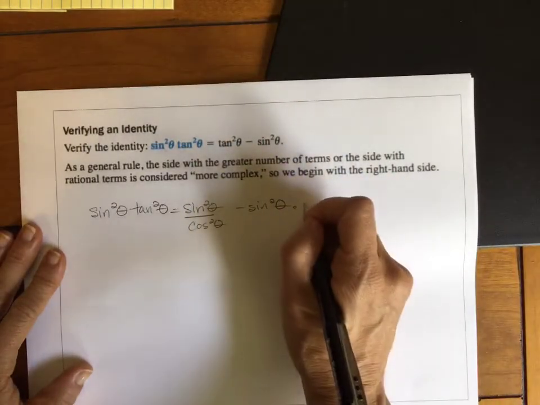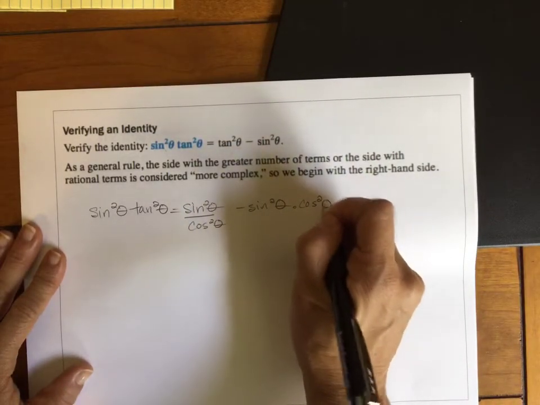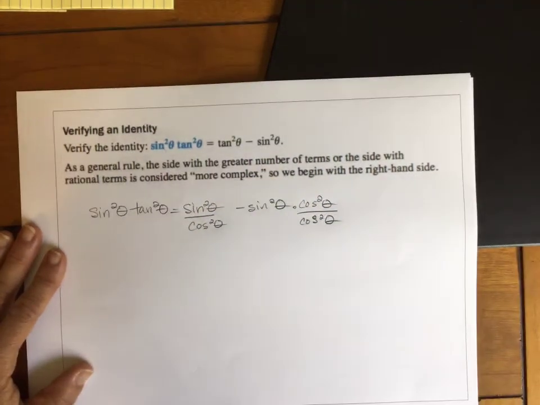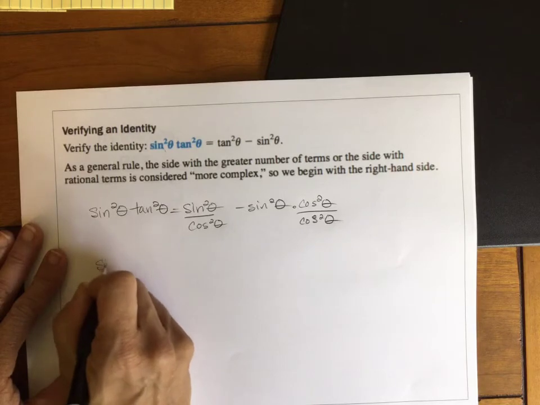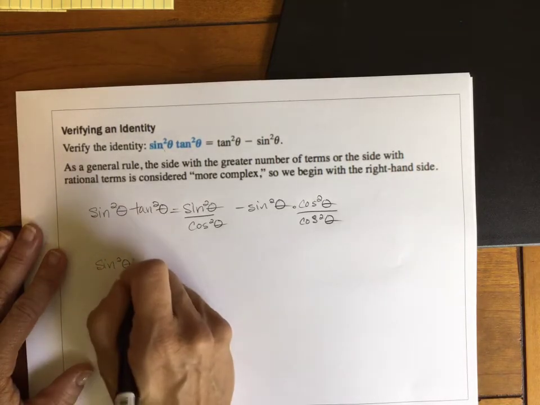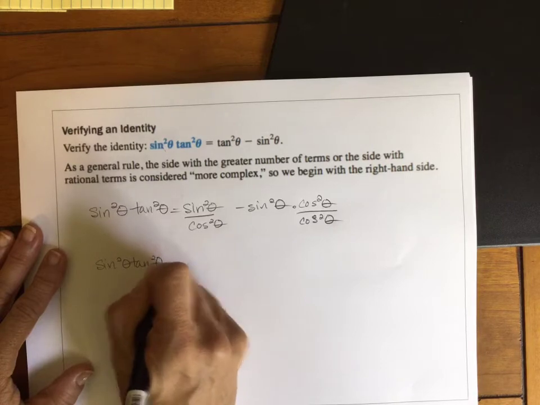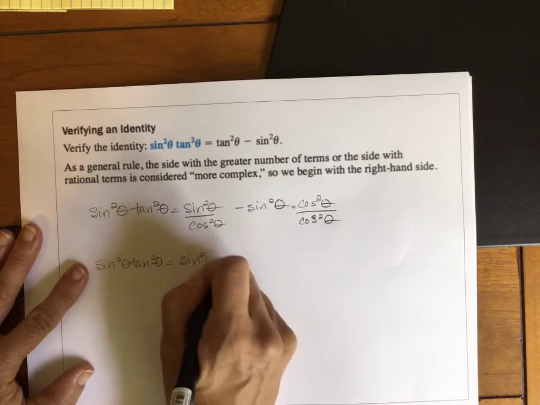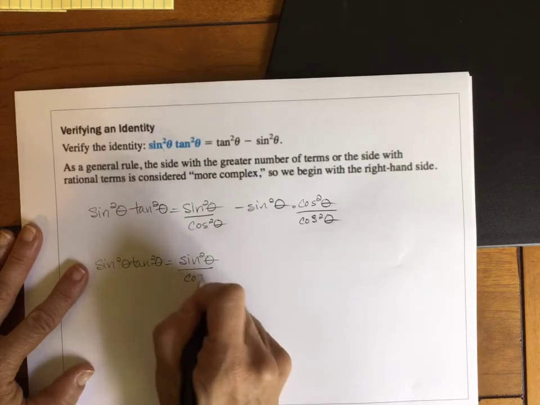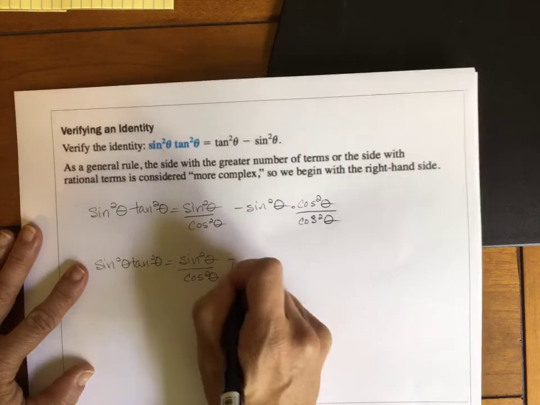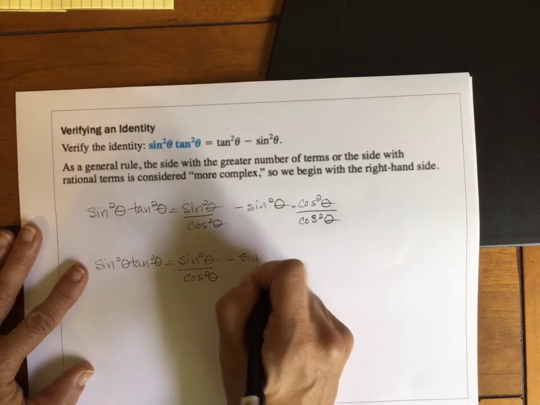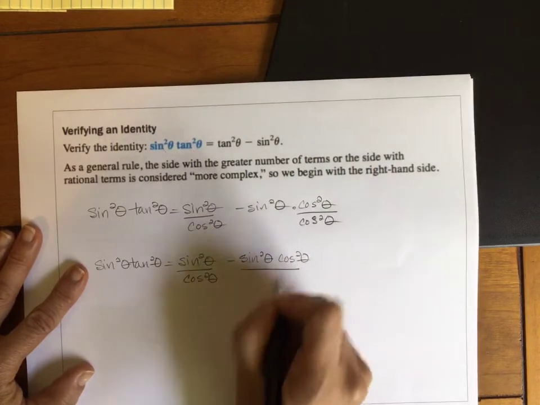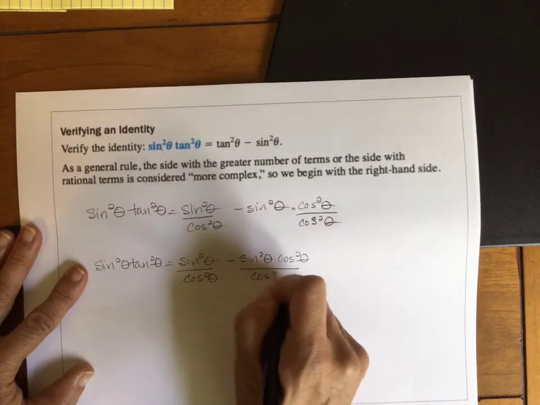In this case, I would need to multiply top and bottom by cosine squared theta. So our left side of our identity stays the same, but now we get sine squared theta all over cosine squared theta minus sine squared theta cosine squared theta all over cosine squared theta.